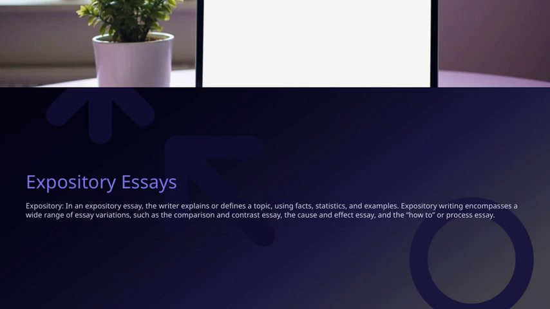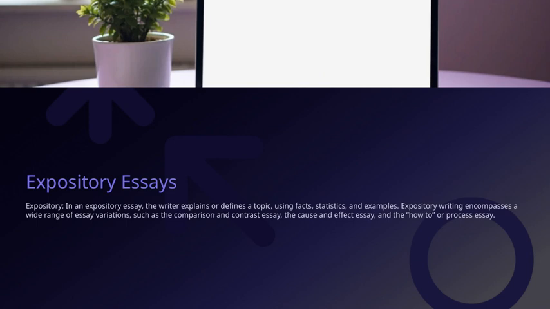For example, there are comparison and contrast essays, where you look at similarities and differences between ideas. Then there are cause and effect essays, which explore how one thing leads to another. And of course, there are how-to or process essays that guide the reader step by step through a process. The key idea here is clarity, using facts and examples to make complex ideas understandable.